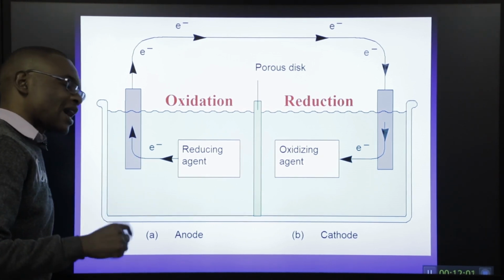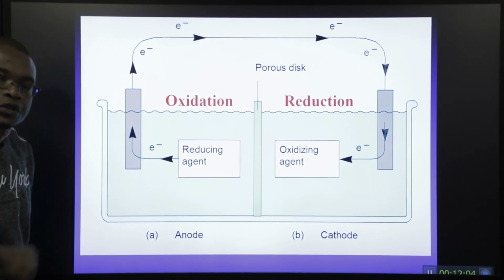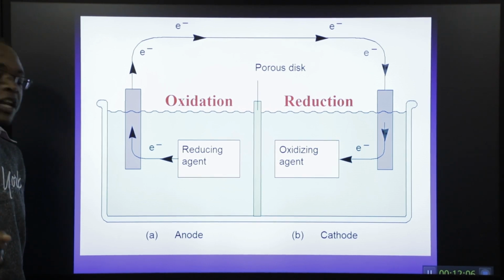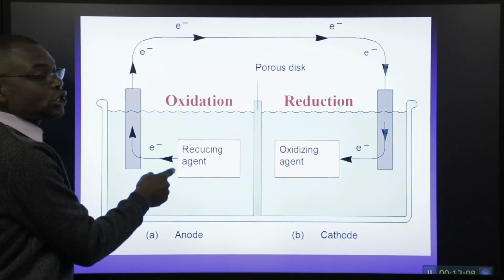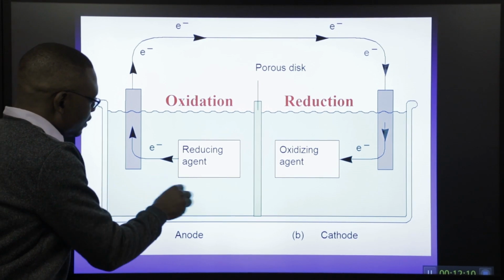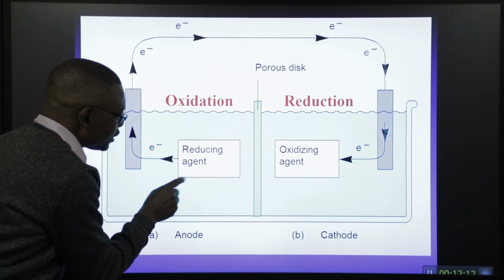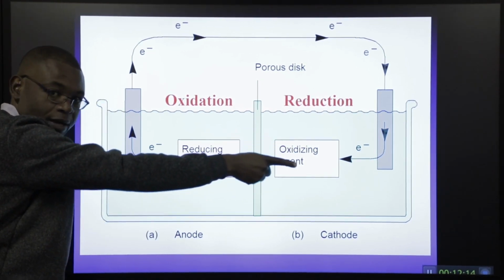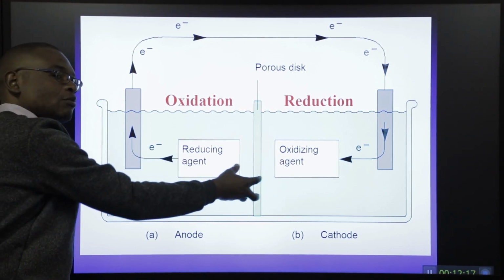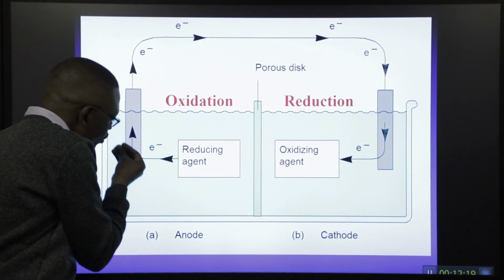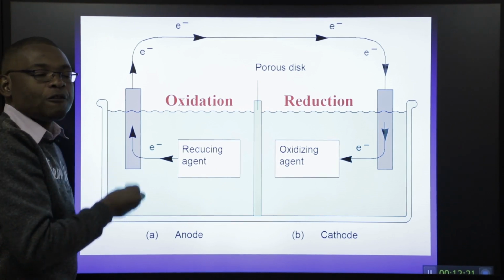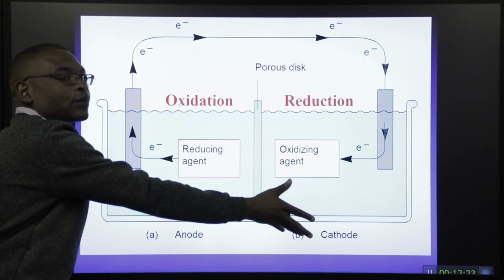So what is oxidation? We are saying oxidation is loss of electrons. And what is losing electrons here? It is the ions in the solution that had picked up electrons somewhere else and carried them through the solution. When they get to the anode, they are forced to give up their electrons.